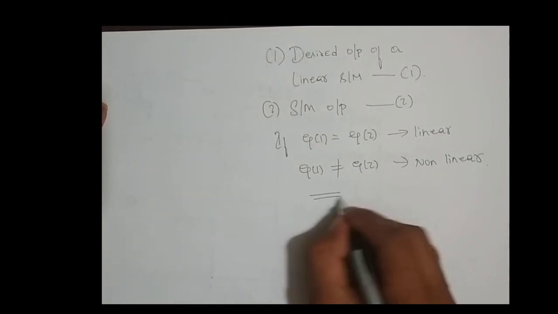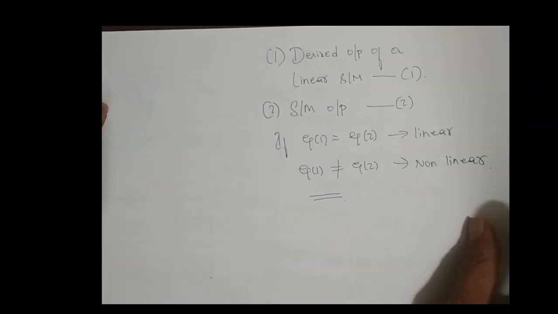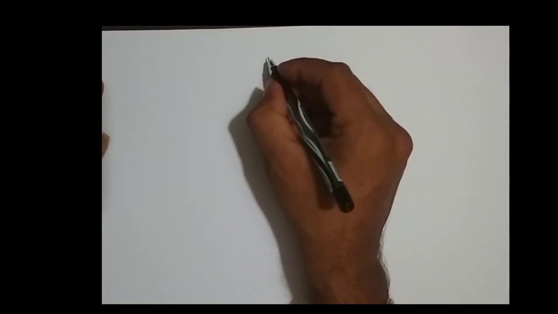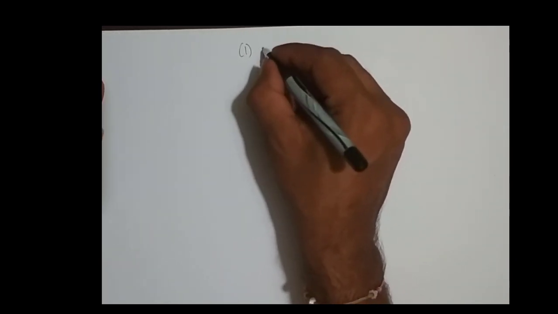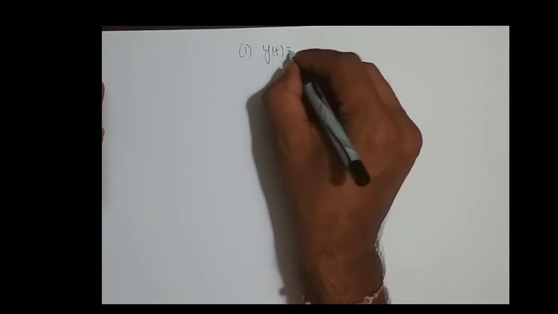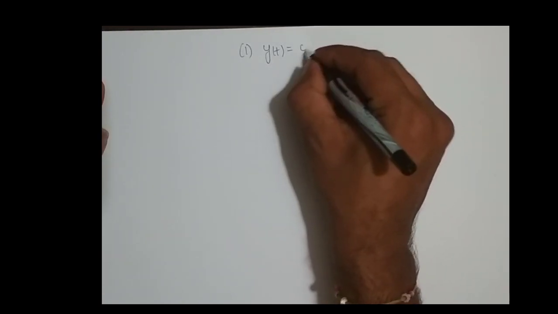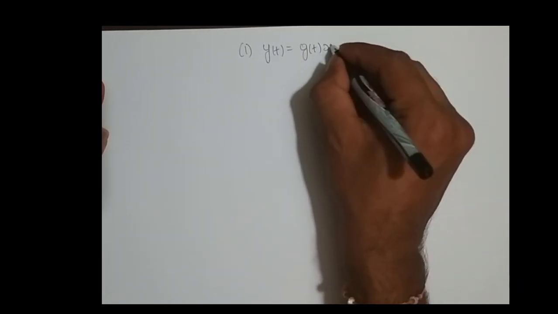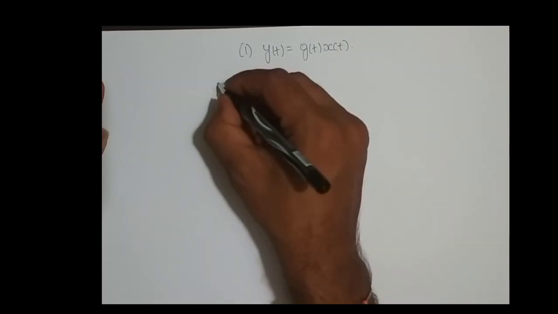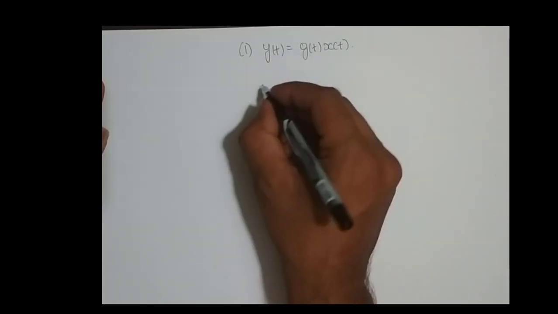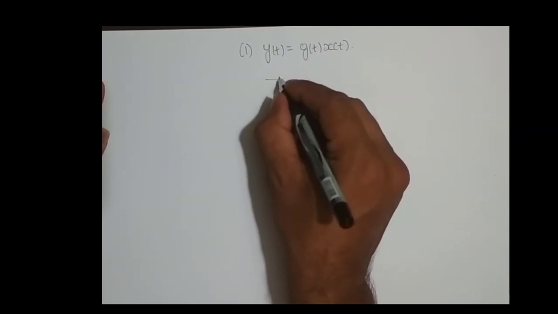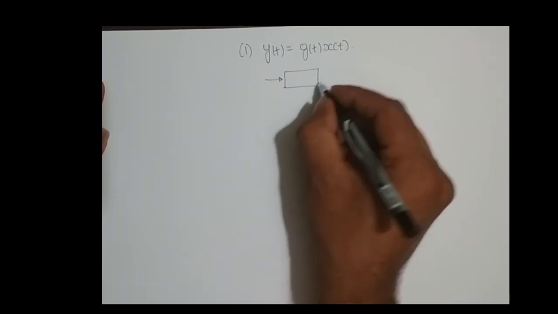So now we'll take up one problem and check the linearity property of a system. The first one: the system is y of t is equal to g of t into x of t. Before I solve it, we know that the system can be represented graphically as something like this.